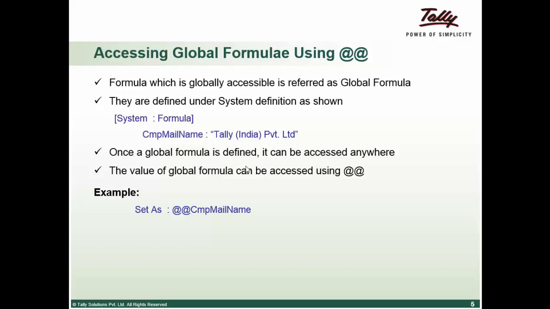The value of the global formula can be accessed by using the prefix symbol @@. Hence, when you need to write a global formula, it has to be written under the definition type system : formula CMP mail name, and this becomes your formula. So wherever you call this formula, it will come as its output.